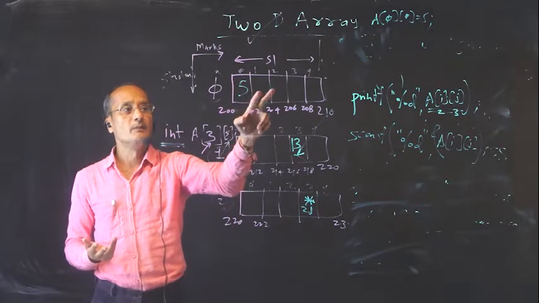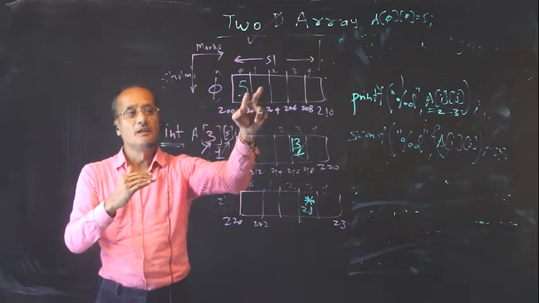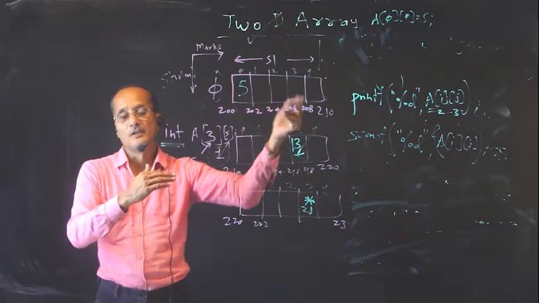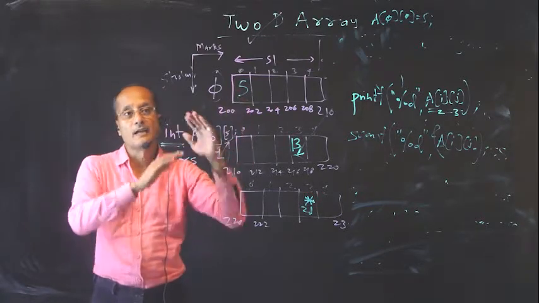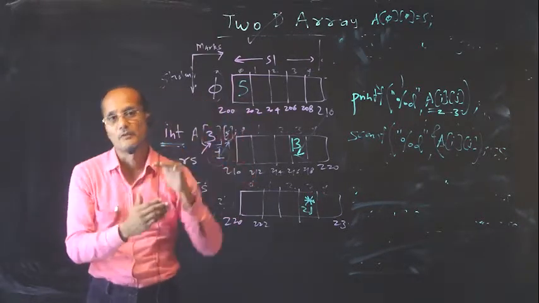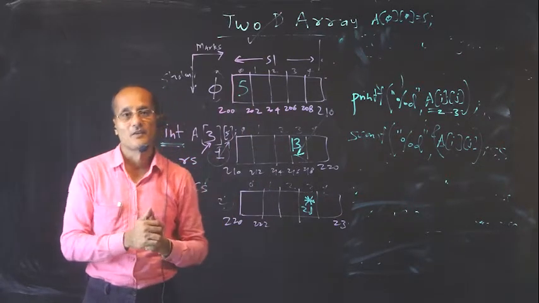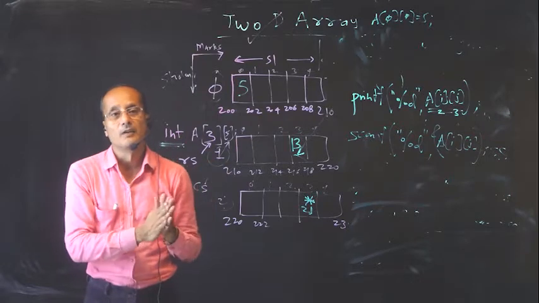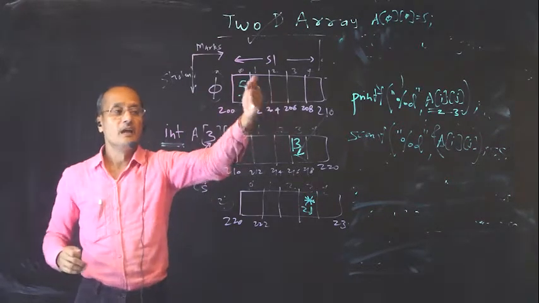Jumping the column index is like stepping up on a staircase. But jumping the row index is like jumping directly from one floor to the other, because one floor has so many steps. That can be one analogy to visualize the difference between the column index jump and the row index jump.